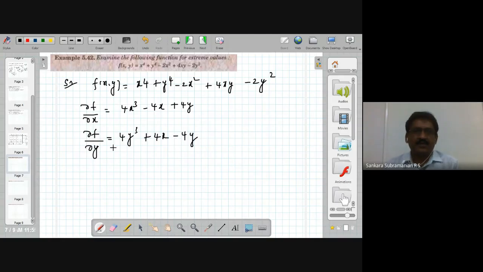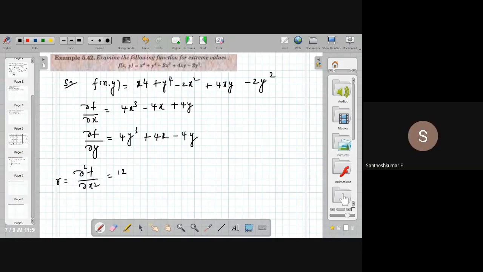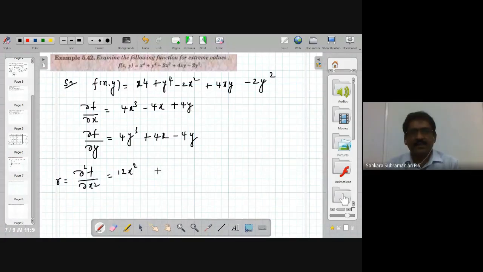So let us also find the second derivatives, because this is needed. Dou square f by dou x square, we call it as r. In some other books, it will be written as ABC, no issues. Dou square f by dou x square: 4 3s are 12, 12x square minus 4. And s is dou square f by dou x dou y, which means go to dou f by dou x and differentiate with respect to y.